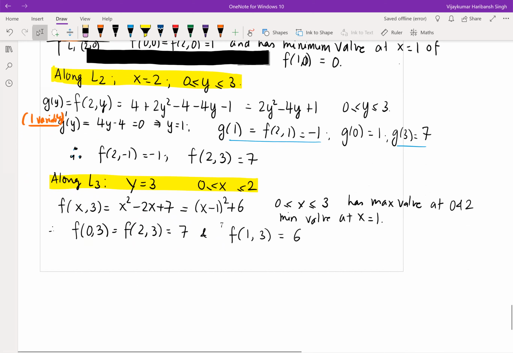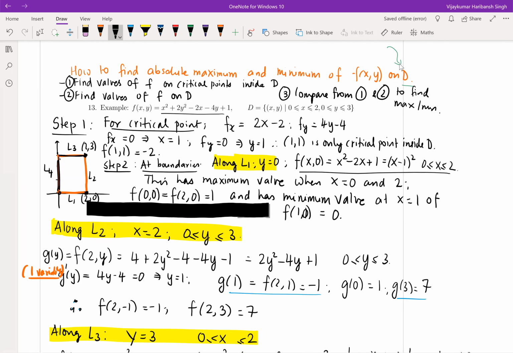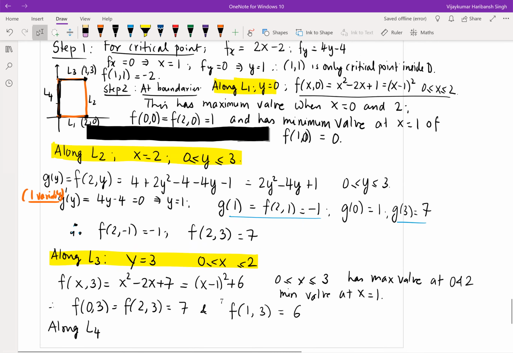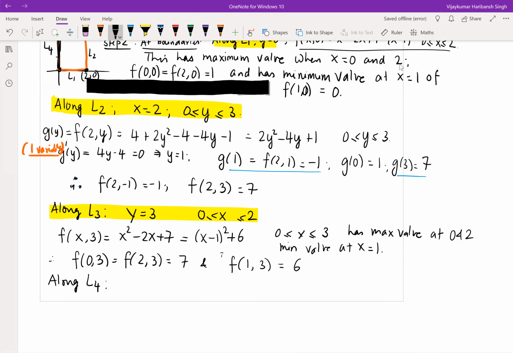Now comes the last one, along L4. L4 is this line here. Along L4, we have x equals 0 and y is between 0 and 3.